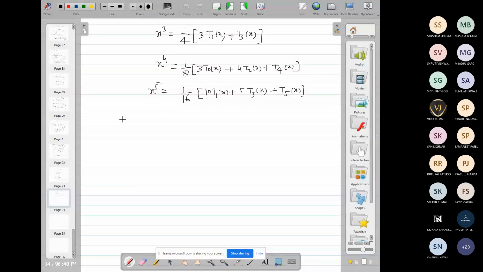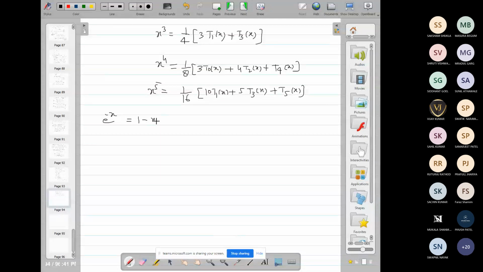So consider here, suppose we want to find the value of e to power x. So by using Taylor series, we need to calculate the value of the series up to some number of terms depending upon our accuracy.